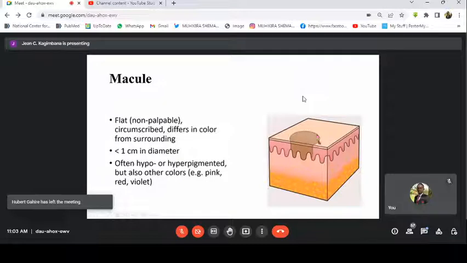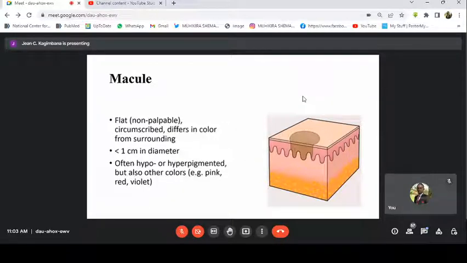What we can see here is seen only on the epidermis, okay? In a macule, very important, the dermis is not included. The lesion may be hypopigmented, hyperpigmented, or depigmented in terms of color.